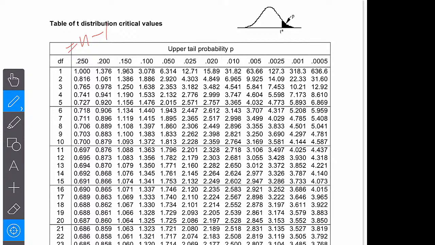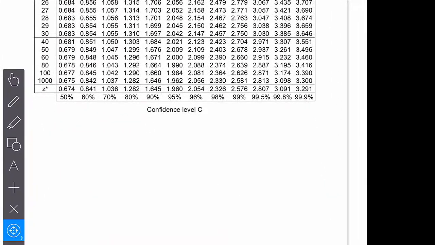So you could look at this column as characterizing the sample size increasing. And at the very bottom, what you see is z. So as the sample size increases, the t distribution just becomes the normal distribution. So I pull these out of the normal table, the standard normal results, for high sample sizes. So sample sizes more than 1,000, you just assume it might as well just be normal.